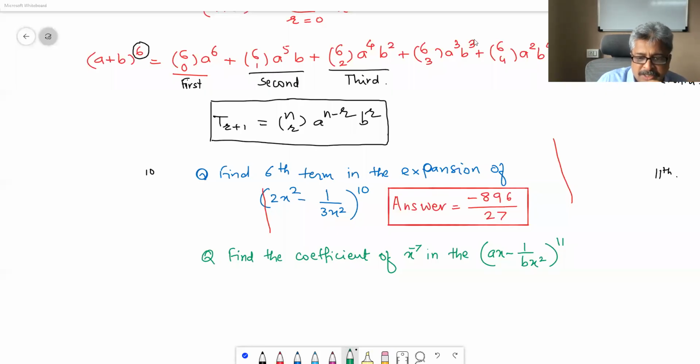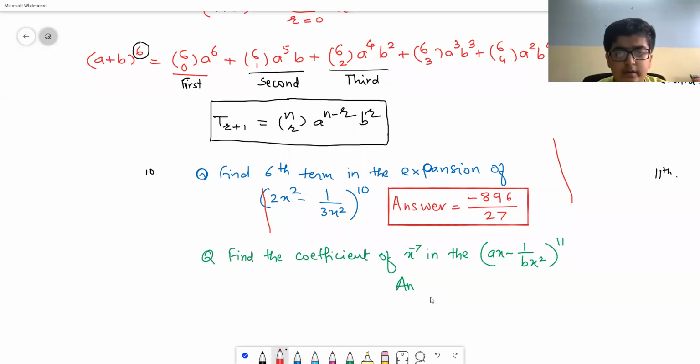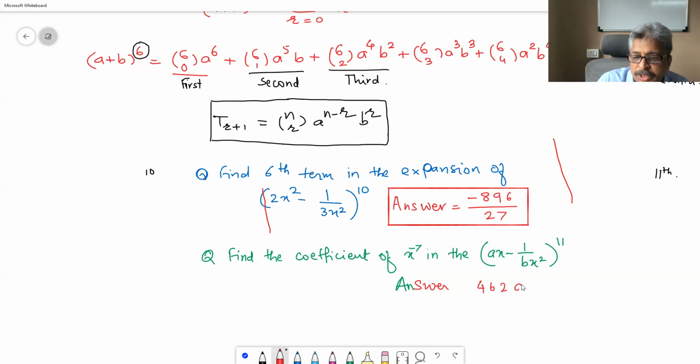The answer is 462 a raised to 5 upon b raised to 6. That is the answer.